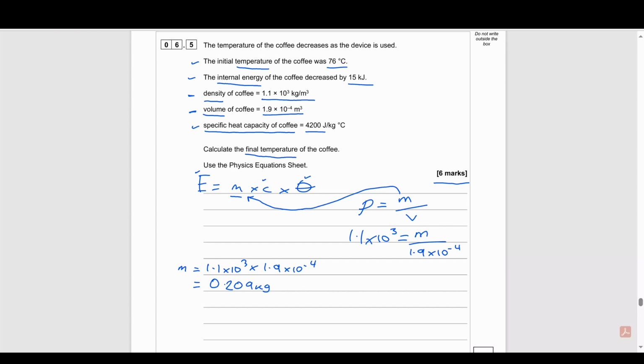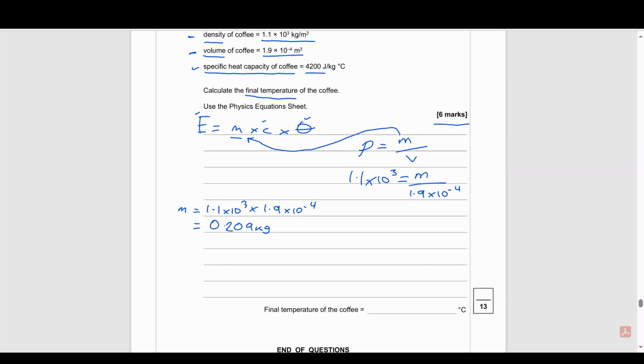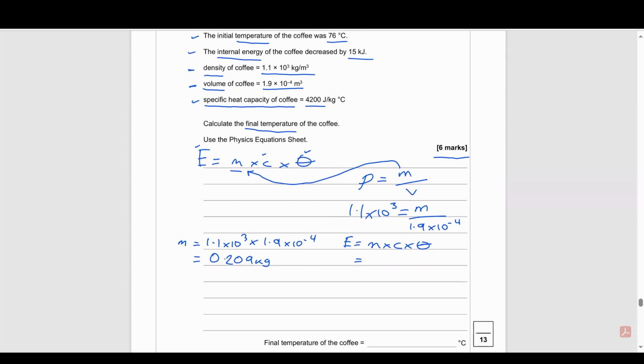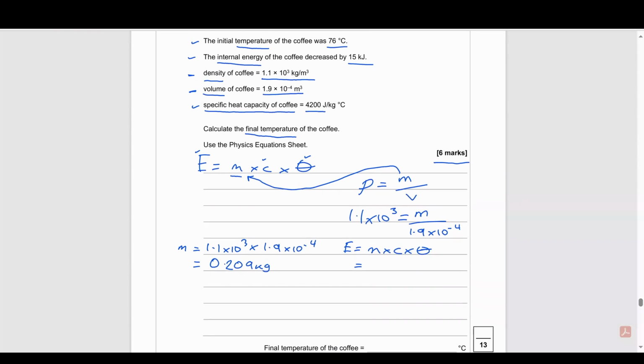And then we can put that into our equation now. So let's just state the equation again and put the numbers underneath it. So energy was 15 kilojoules. So let's convert that to joules. So that'll be 15,000 joules. Our mass we know now, 0.209.